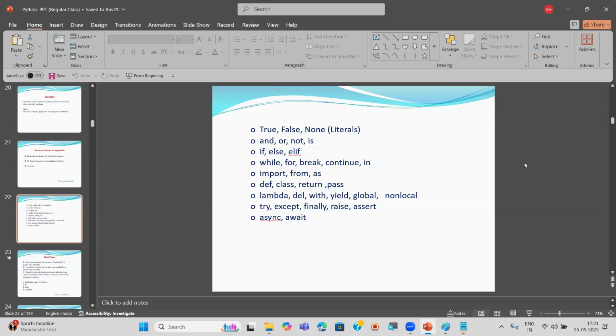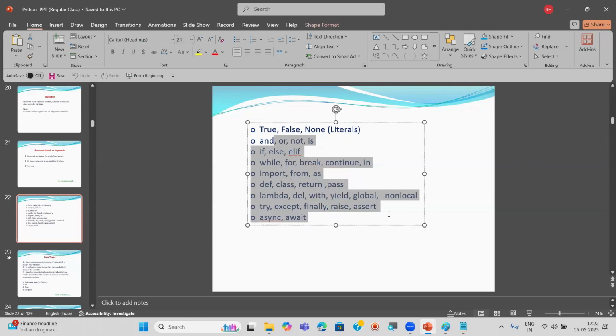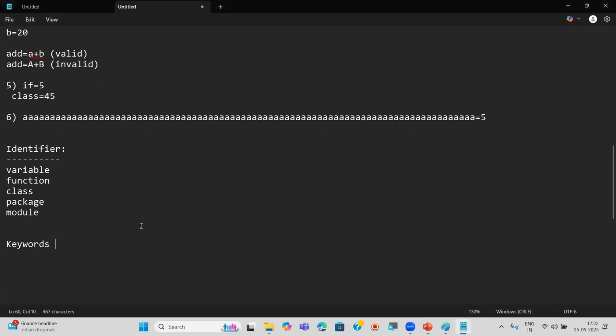So True, False, None are literals as well as keywords, but the remaining are only keywords. Understanding, guys? We'll discuss all these topic-wise. Each and every word has a specific meaning and functionality. We can use these depending on the requirement in the program. Don't worry.